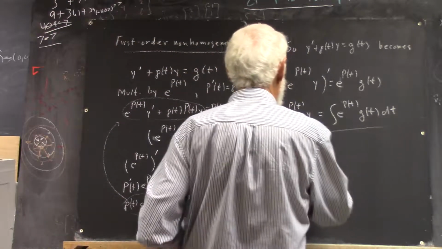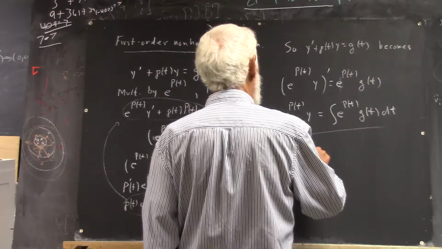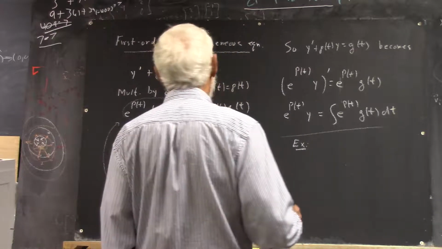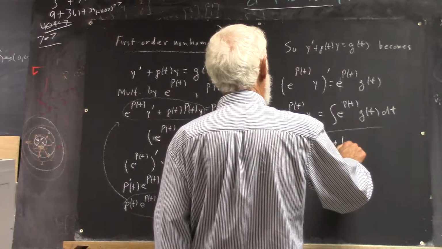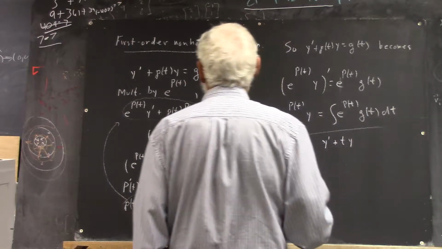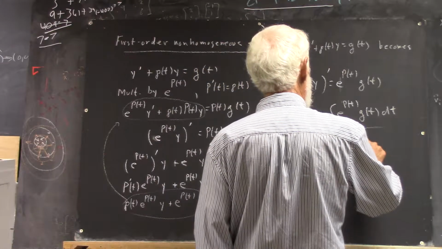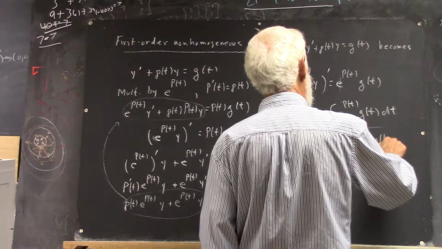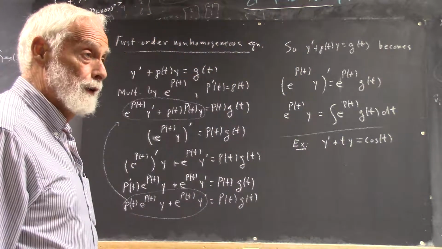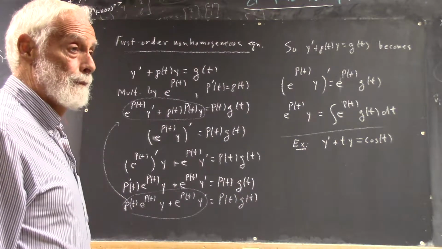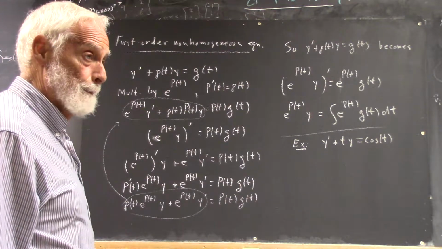So, for example, y prime plus ty equals cosine of t. Okay?